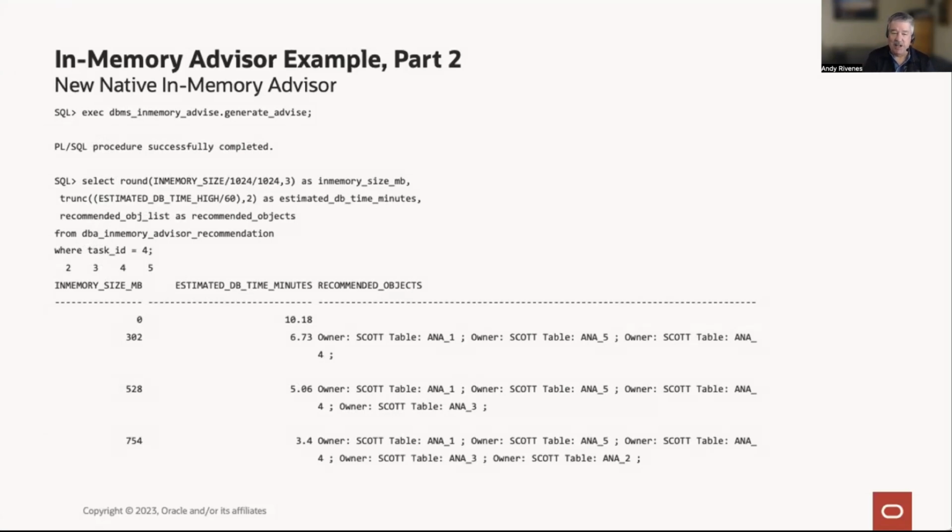These are how much time reduction we think we'll get, and the objects that these were based on. And so based on that, you can then go and enable these objects to be populated in the column store and hopefully get, if you allocate enough memory, basically a 3x performance improvement in this particular example.